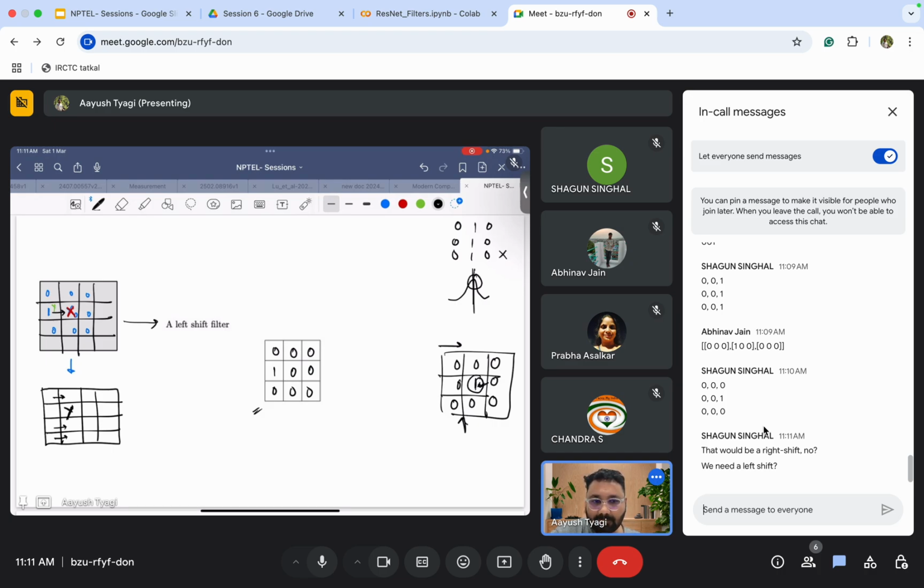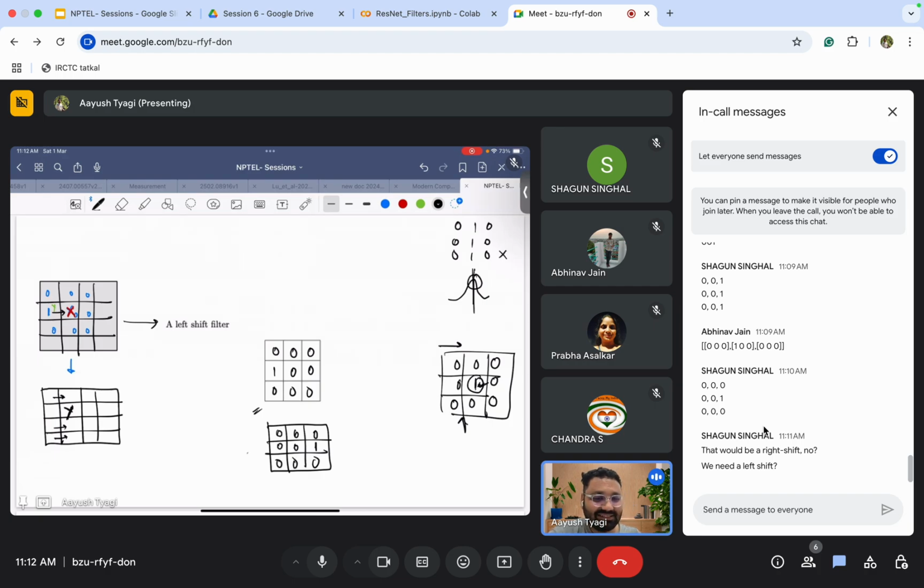Make sense? Sorry, I missed left and right. So this is when you're moving it to the right, and the opposite will be zero zero.